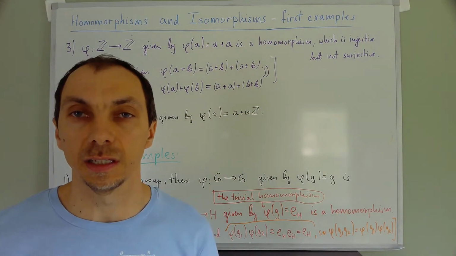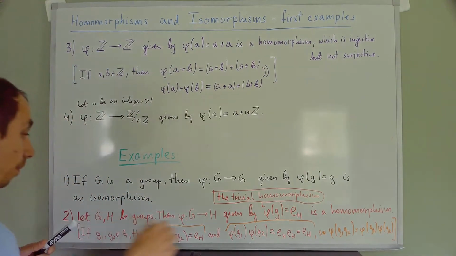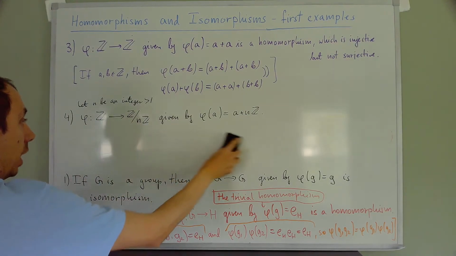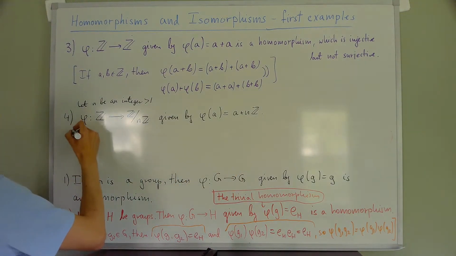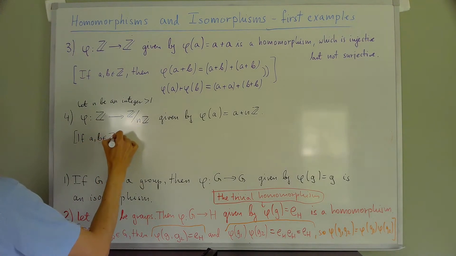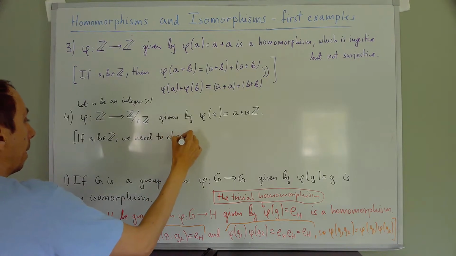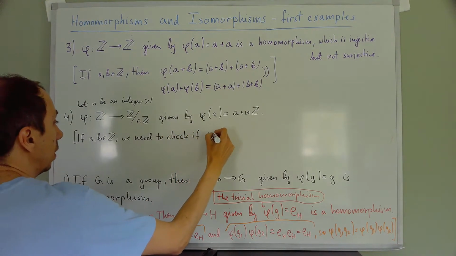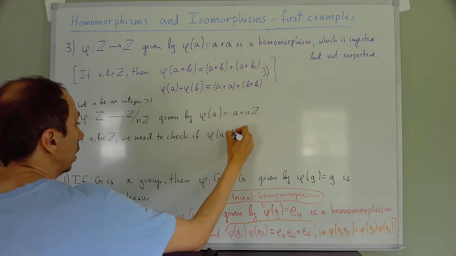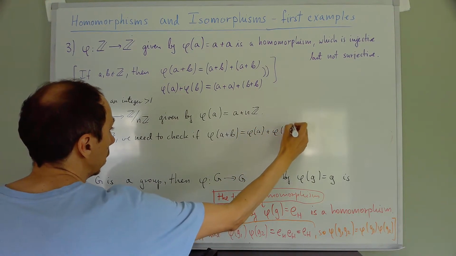Now, is this a homomorphism? Let's check. What do I need to check? If a and b are in Z, we need to check if phi of a plus b is equal to phi of a plus phi of b.